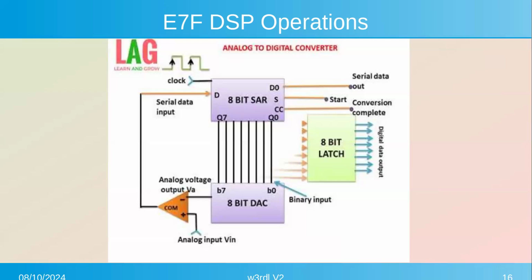We're going to do 4 volts to make the math easy. If I had a 2-volt input signal, and I send a 1, the most significant digit, compare it, I'm going to get a 0 because 2 is less than 4.